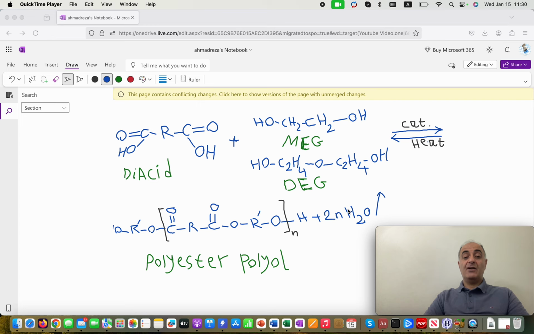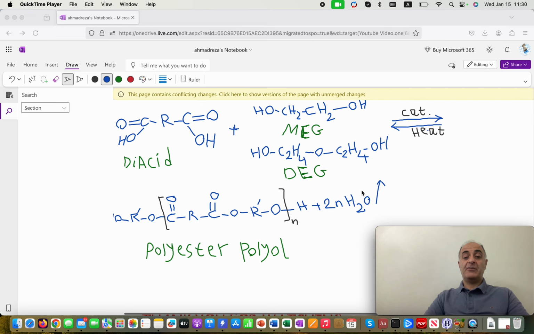So what should we do? We should remove the water molecule from the second side of the reaction to push the reaction in this direction to produce polyester polyol, not the reactants again.